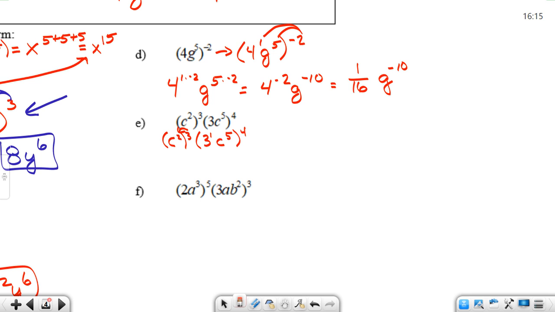And then I'm going to distribute through. So this is going to leave me with c to the 2 times 3, 3 to the 1 times 4, and c to the 5 times 4. And I'm going to go ahead and simplify. So that gives me c to the 6th, 3 to the 5th, and c to the 20th.